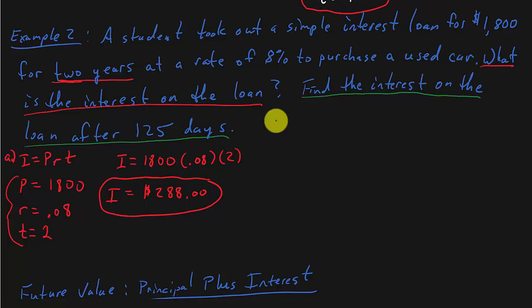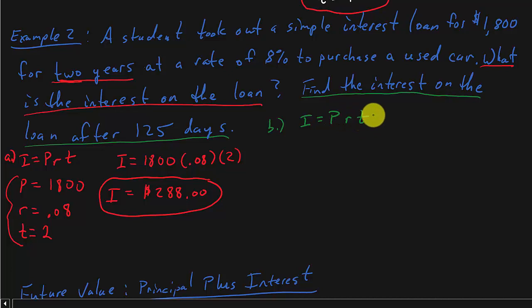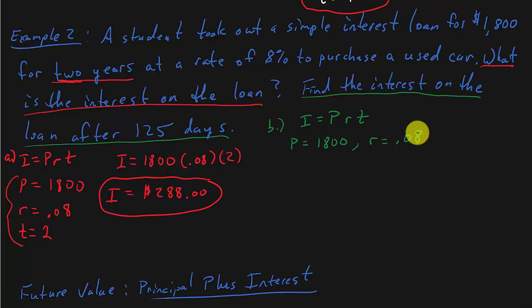Now let's look at part B. Same thing: interest is equal to principal times rate times time. In this problem, the principal is the same, 1,800, and our interest rate R is 0.08. Now, this 125 days.